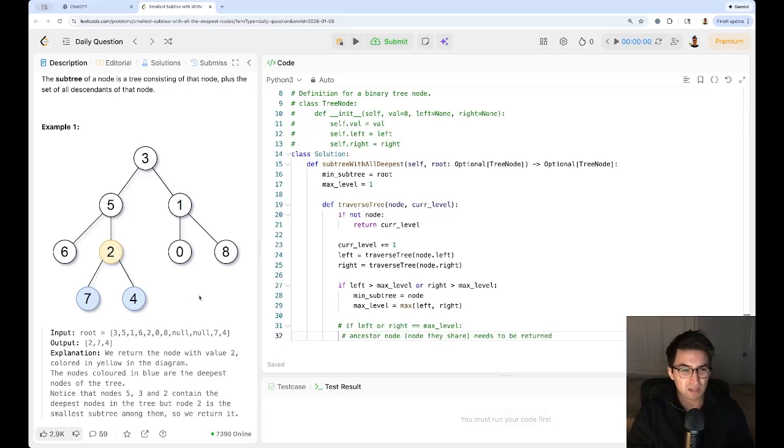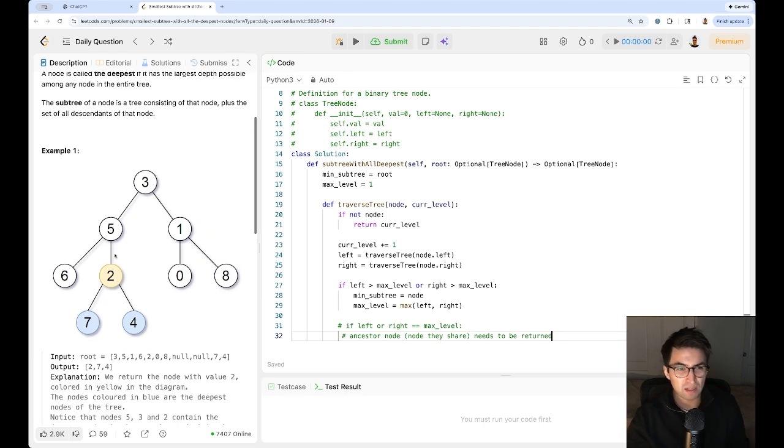And it's the same thing with 2, 7, and 4. If they have the same depth, then 2 is the node that needs to be returned. Okay, so that adds a little bit more complexity. Or maybe there's some way we could simplify this.